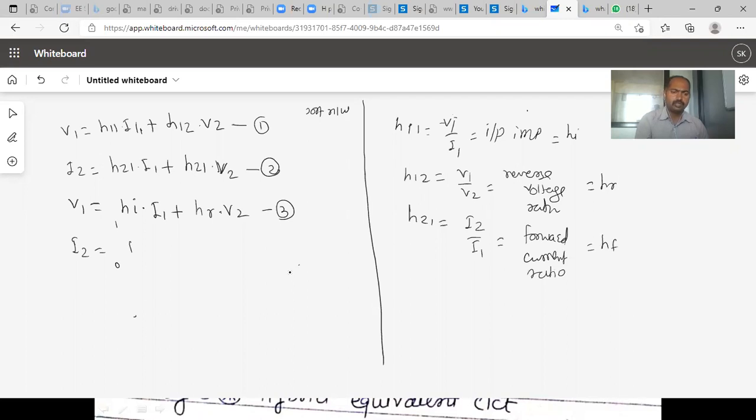So this is nothing but HF into I1 plus, one of the important things here is H21 I1 plus H22 V2. Here H22 is nothing but I2 divided by V2.